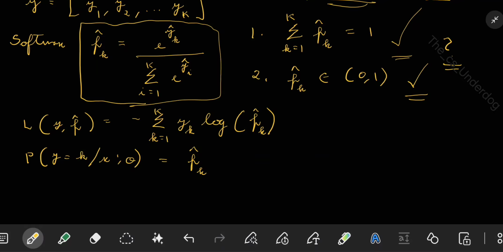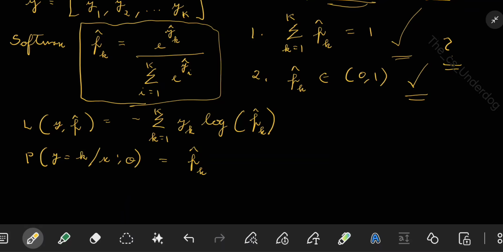I want to maximize pk cap. When I have the output from the model, among each of the k classes, whichever is the kth class belonging to the true label, that class probability has to be maximum. I want to find the value of theta that will do this.